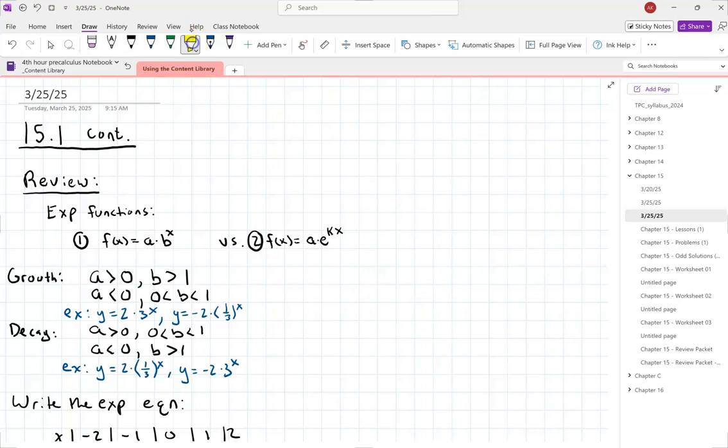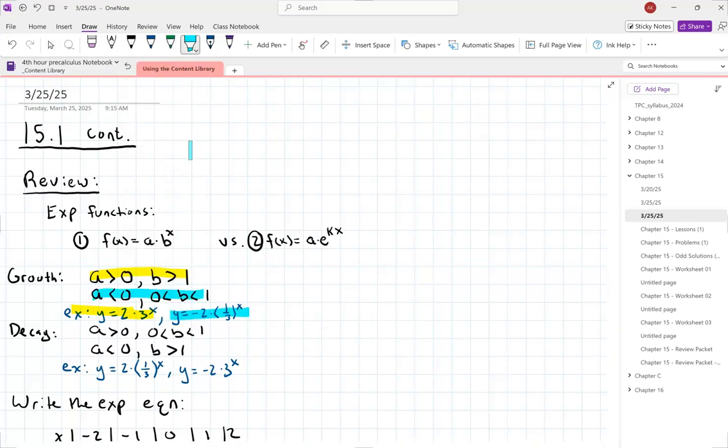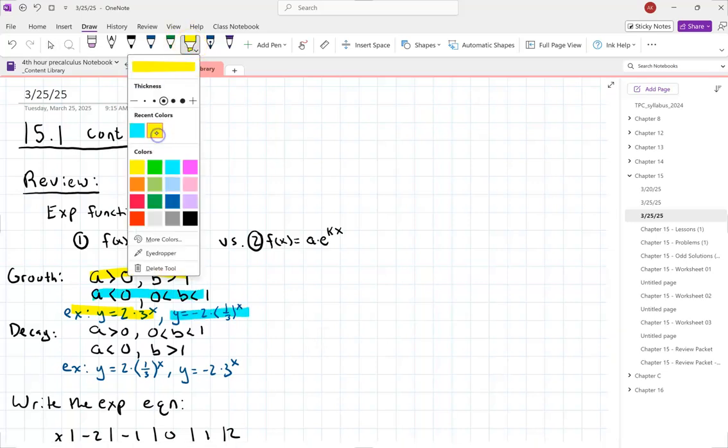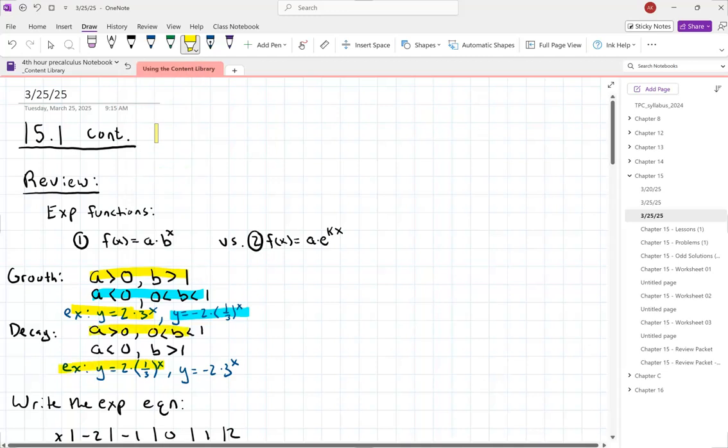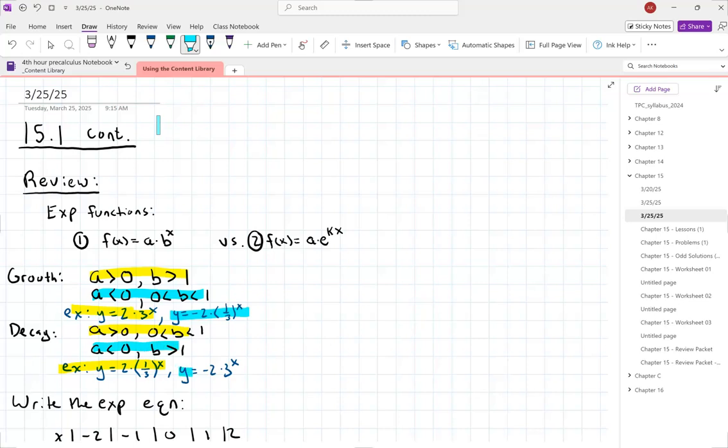Is everybody kind of okay there? Where each example kind of correlates to the situation? You guys see that?